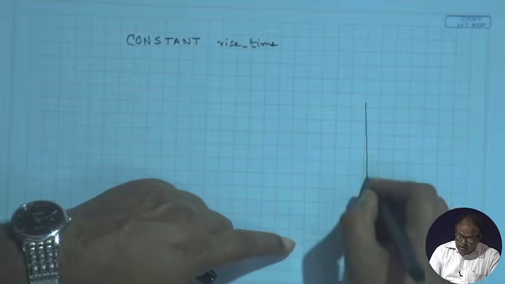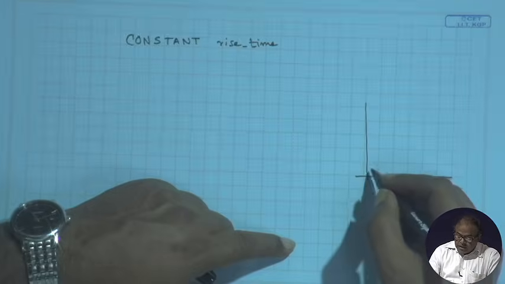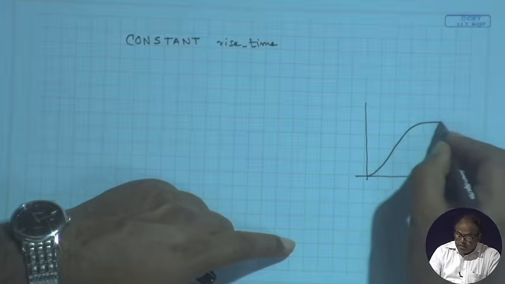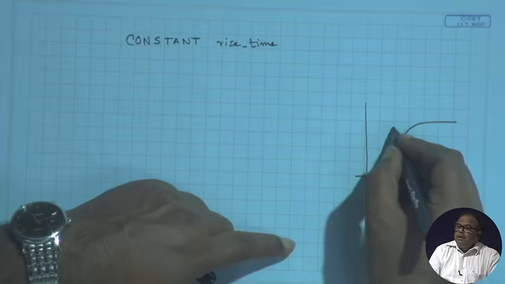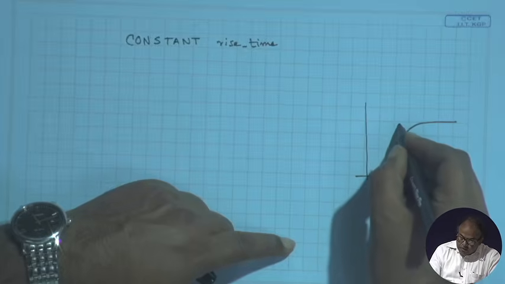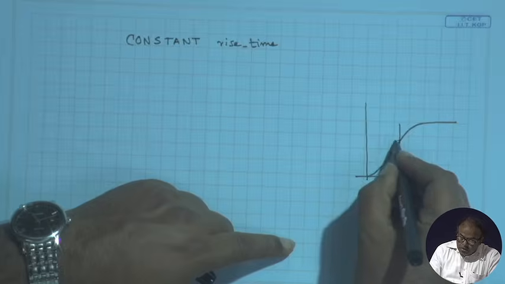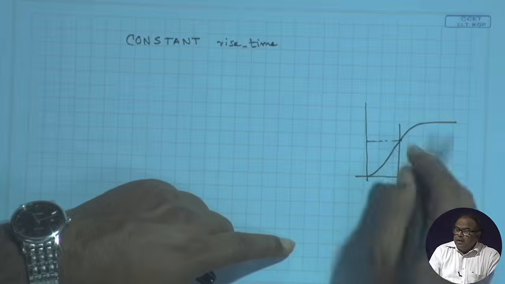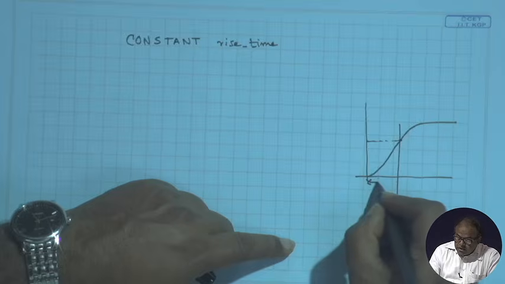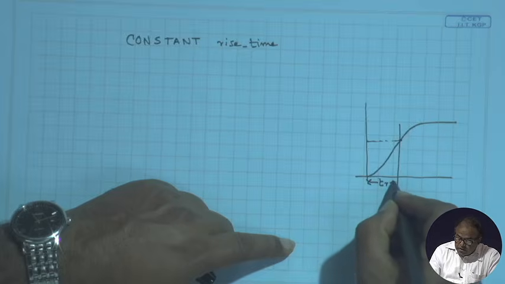You must know that whenever a signal is set to 1, it takes some time to become 1, and the time it takes to come up to approximately 67% of the value is known as the rise time, or TR.